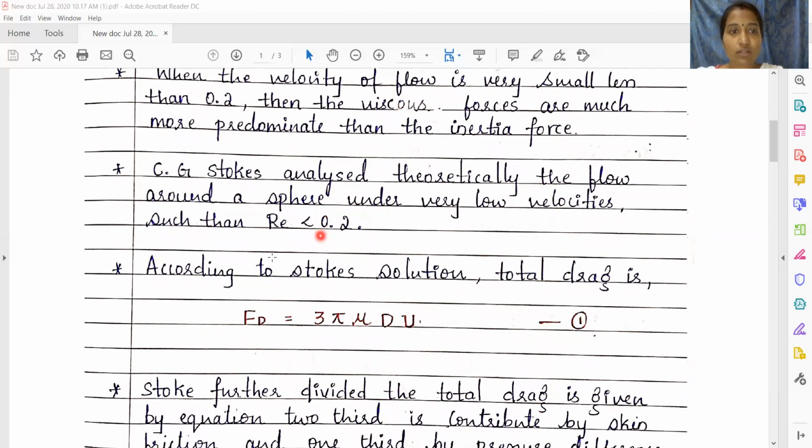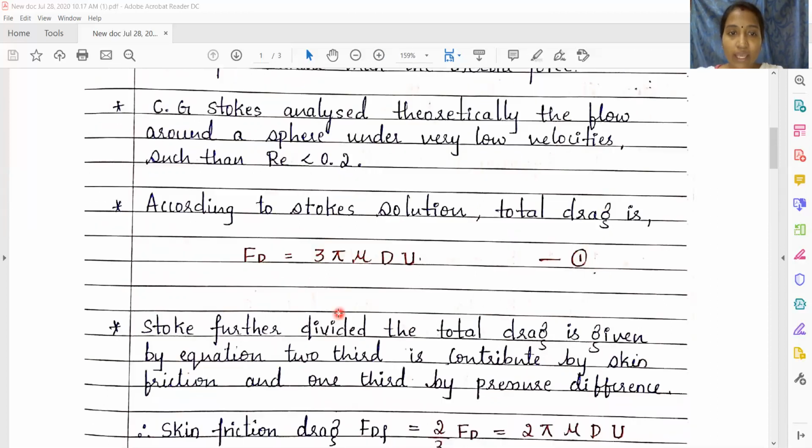According to Stokes' solution, he gave the total drag formula: Fd, the drag force, is equal to 3 pi mu d u. Consider this as equation number 1.